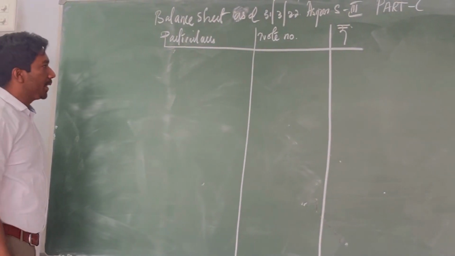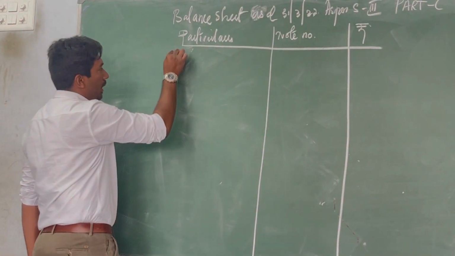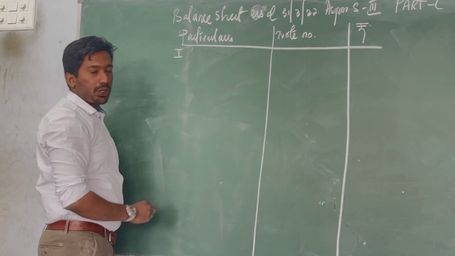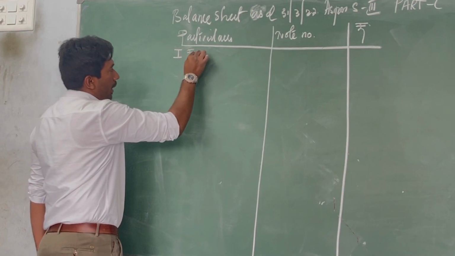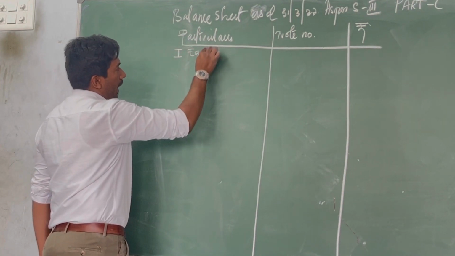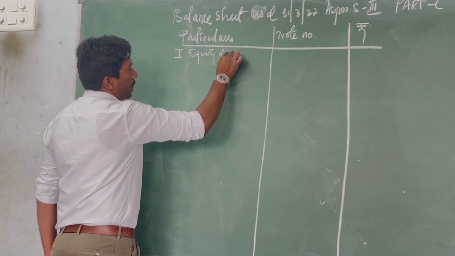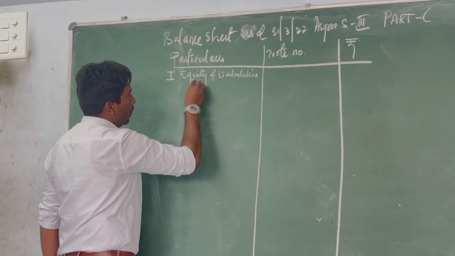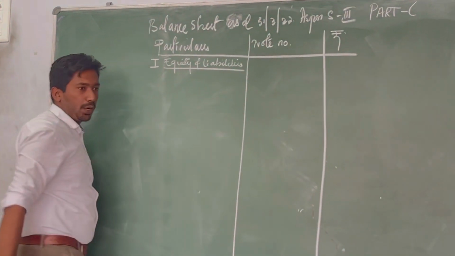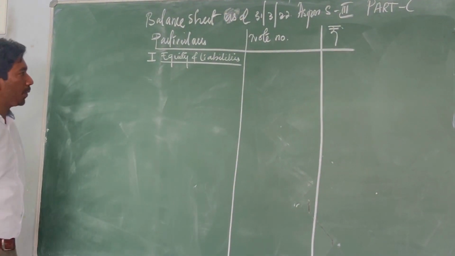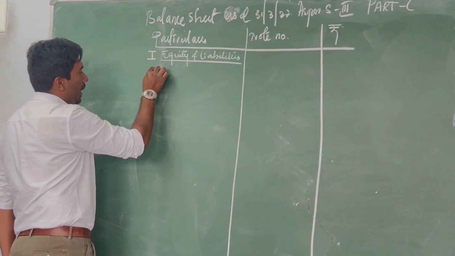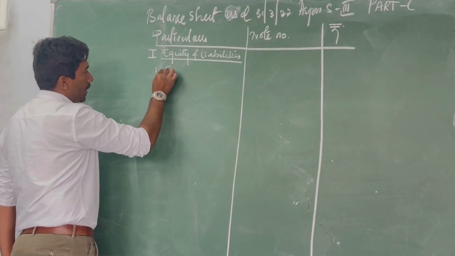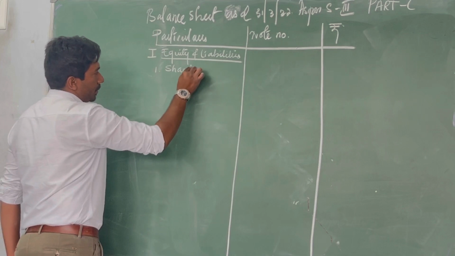So the first item they have given us. First we start with the main heading. What is the main heading? Equity and liabilities. Right? This is the main heading, yes or no? Yes. First main heading over. Then next, under that we have a subheading: shareholders fund.